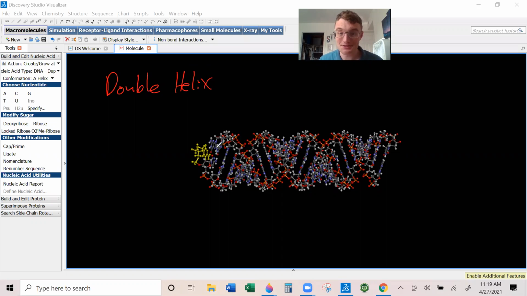This may be a little difficult to see, but let me show you here. Here's one DNA backbone. Here's the other DNA backbone.